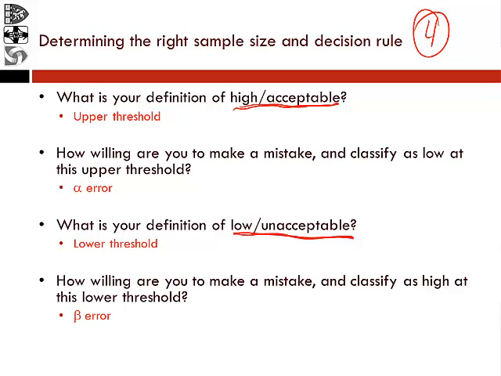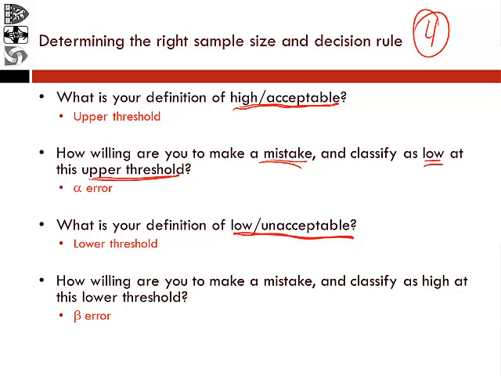It is not a perfect system. The only way I could get perfect classification is if I have a census. So if it's not perfect, how willing am I to make a mistake? And there are 2 possible mistakes. One is I make a mistake and I call it low when it is really high.